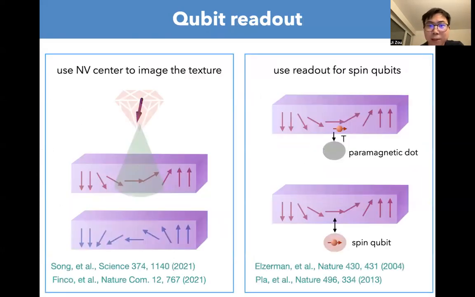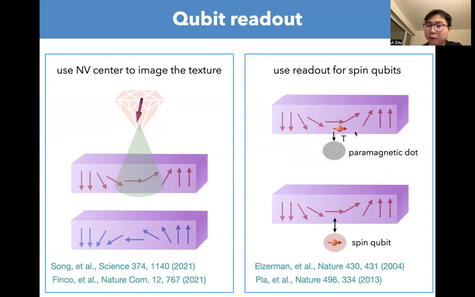Okay, so finally, for the qubit readout, we can of course use an NV center to see the texture of this domain wall, and another way to read out is to use a spin qubit. For example, when the system is conducting, we can put a paramagnetic dot nearby.